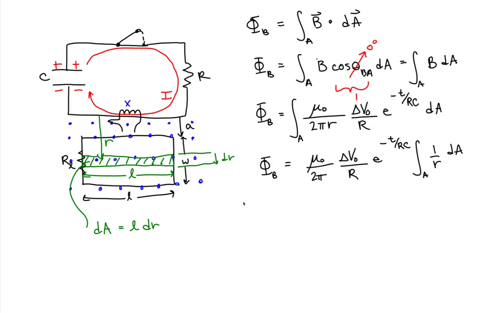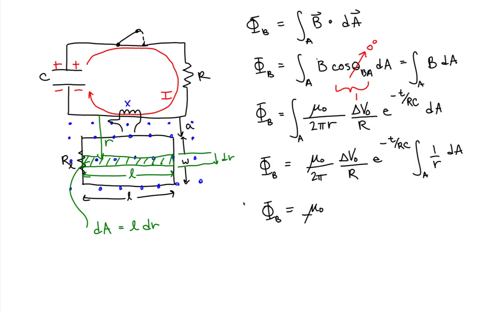In other words, dA is equal to L dr. We have expressed the area element in terms of the distance away from that current carrying wire. With that said, let's rewrite our magnetic flux using that information.